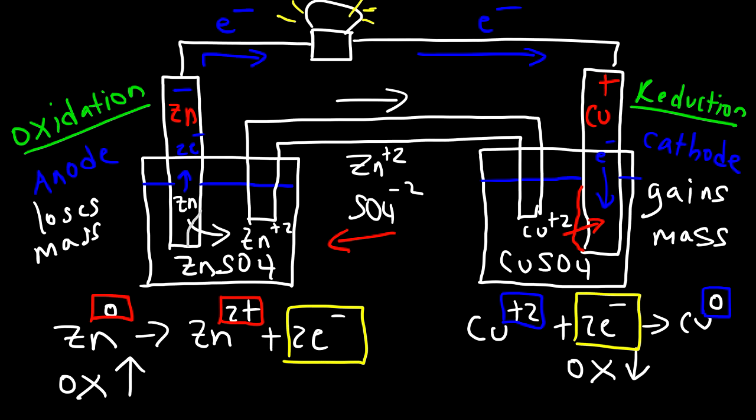So now that we've discussed the basic operation of a galvanic cell and how it works, let's talk about the cell potential and how to calculate it for this overall reaction. So we saw that zinc turns into the zinc 2 plus ion by giving up 2 electrons.